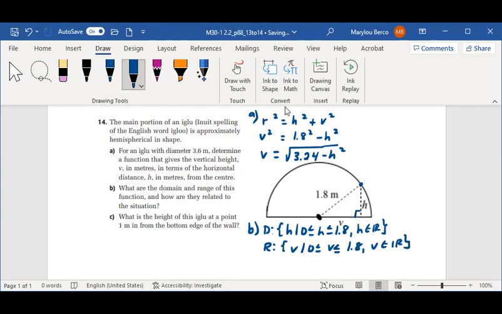So both variables represent distances and must be non-negative.